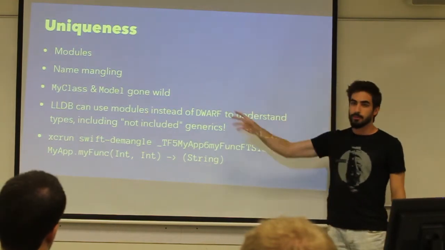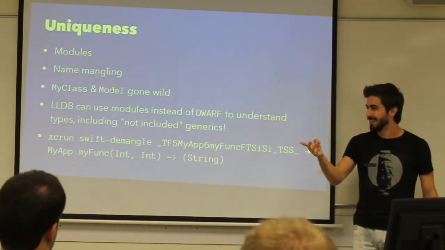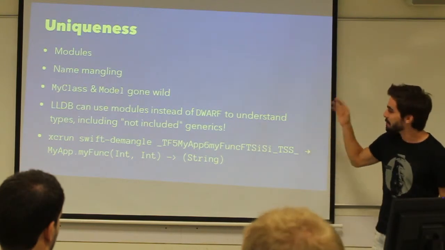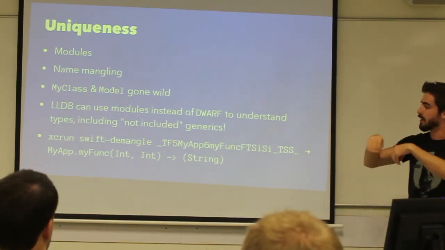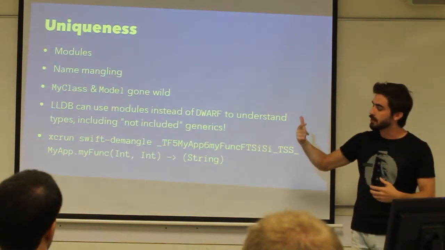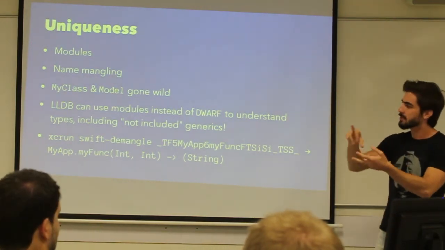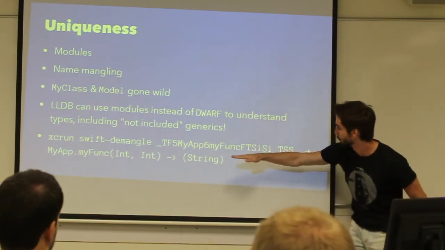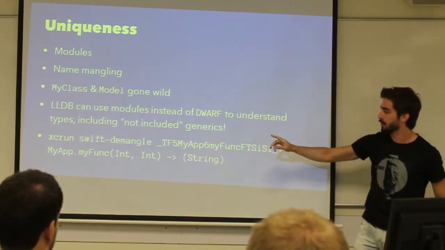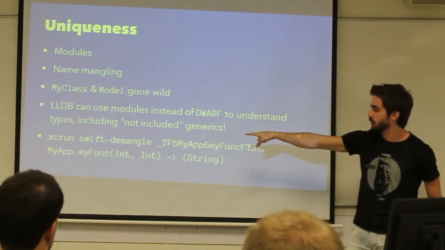Name mangling, who came from a C++ background? Yeah. So basically that creates a unique name when it's building the binary. It creates a unique name from module, class name, types, a lot of stuff. And you get names like this, which you will really love to see when you're debugging, but thank God there is xcrun swift-demangle.